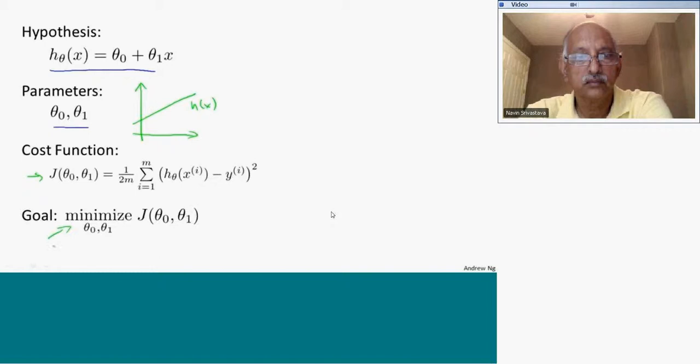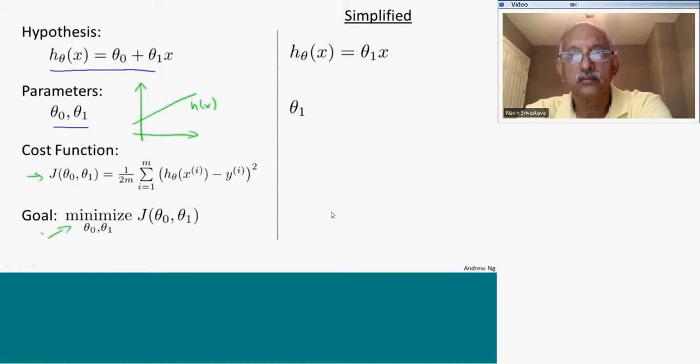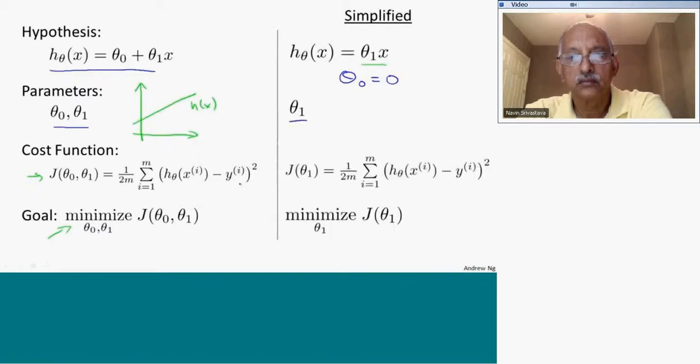In order to better visualize the cost function J, I'm going to work with a simplified hypothesis function, like I showed on the right. So I'm going to use my simplified hypothesis, which is just theta 1 times x. And I set theta 0 to 0. So now h of x is equal to theta 1 times x.